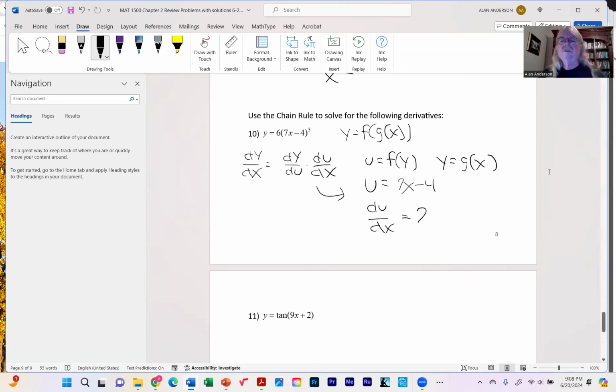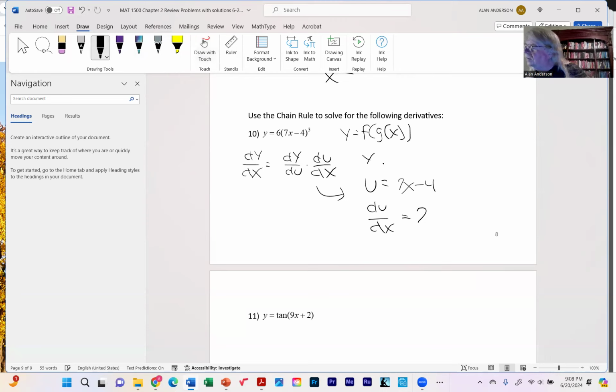Actually, I just realized, I think I wrote this part backwards. I'm just going to confirm this. I don't want to get anybody confused here. No, I had it right. Okay, just making sure. Oh, no, I did have it backwards. Sorry. I knew something wasn't right.